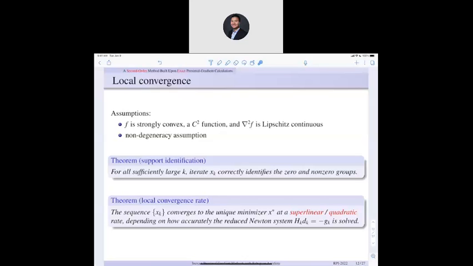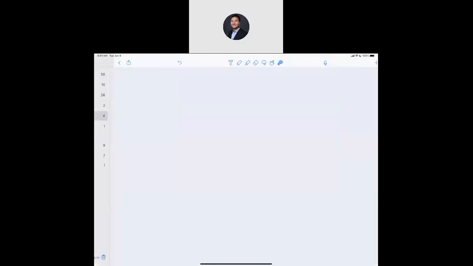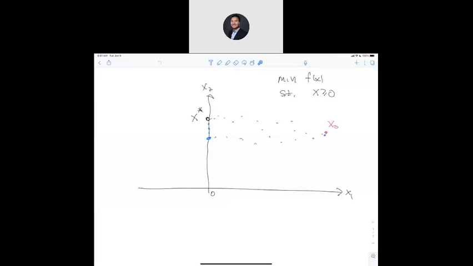A last thing is that we are also able to prove our algorithm has a support identification result. If I go back for a second, this is similar to this picture. Does our algorithm create iterates that look like these red ones and converge from the interior? Or do they look like the blue ones, which identify which x's are 0 and non-zero at the solution relatively early, and then from there you can just converge along the non-zero variables?